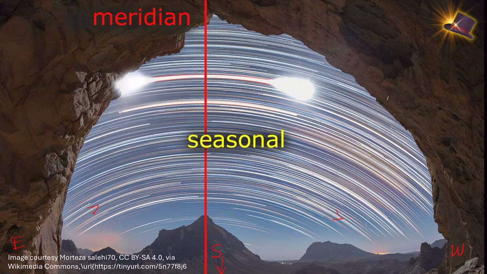There aren't any circumpolar stars because you're in the northern hemisphere looking south. They do rise in the east and set in the west. So they travel from left to right as they travel across the sky. So that's the view of the southern horizon from the northern hemisphere.